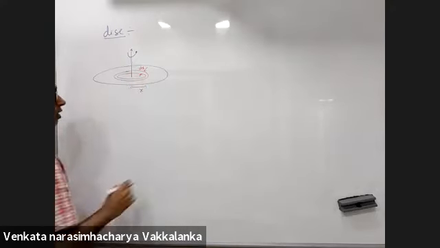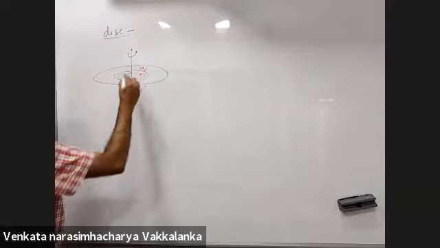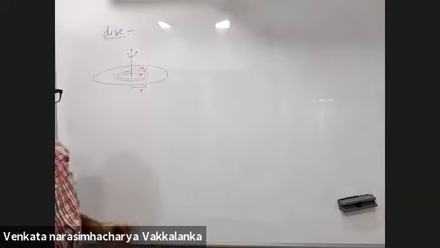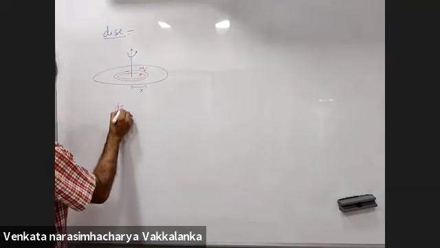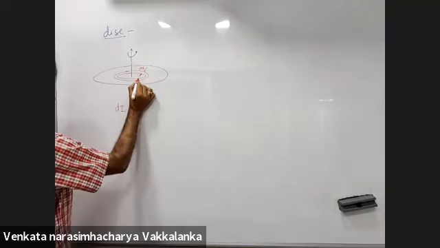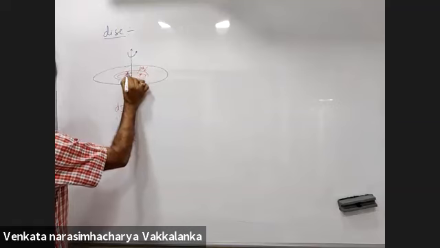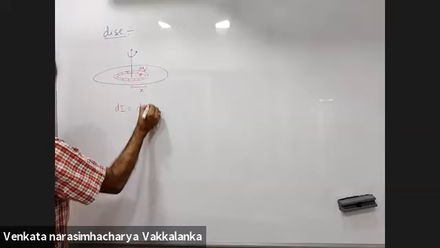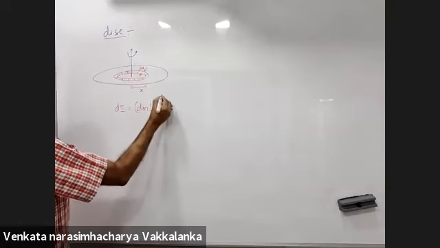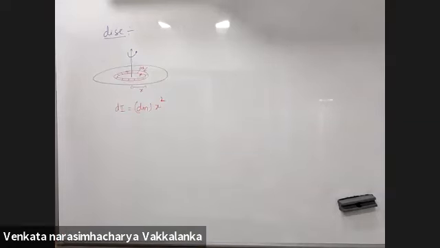What will this element be? A ring. Moment of inertia of the ring, you already know the formula: M R square. So here dm into x square is the moment of inertia of the ring.